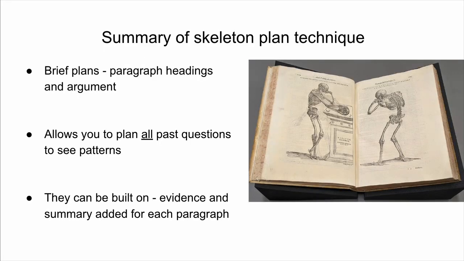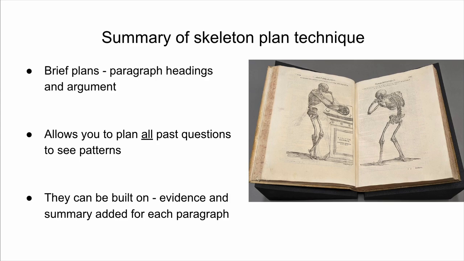Okay, so as a summary, skeleton essay plans are really, really useful as a revision method. They are brief plans with paragraph headings and argument for each past question, and it allows you to plan all past questions reasonably quickly and see patterns. And then the next step is that you build on them by adding evidence and a summary for each paragraph.